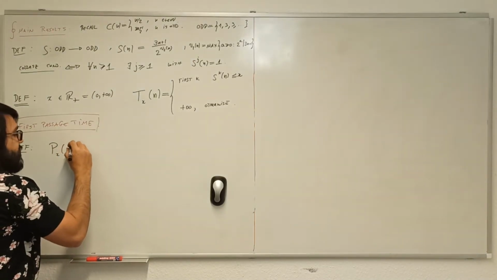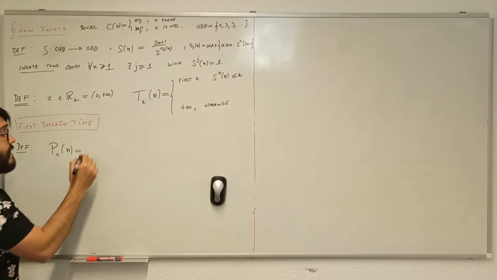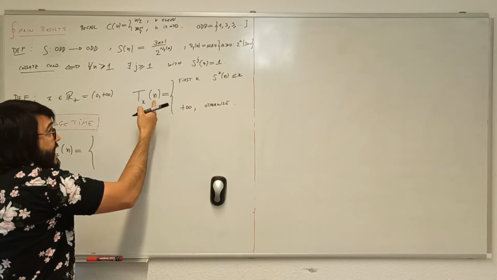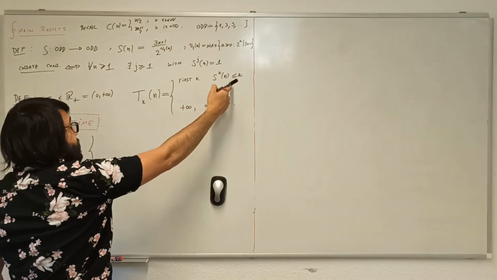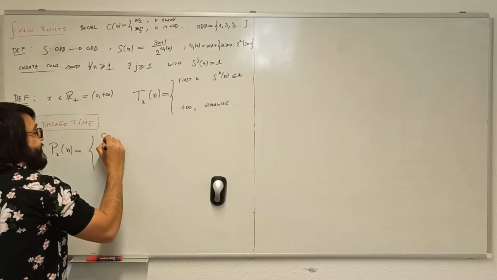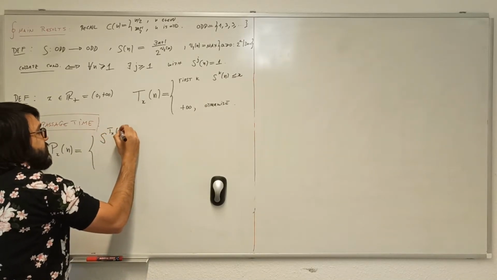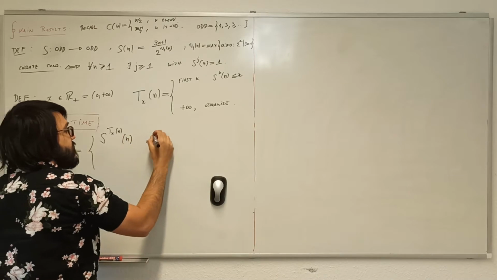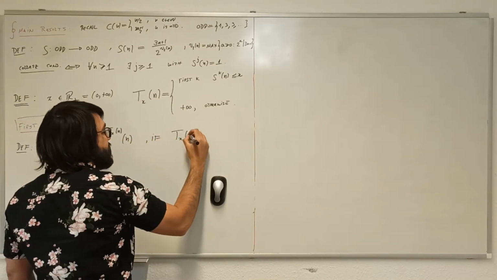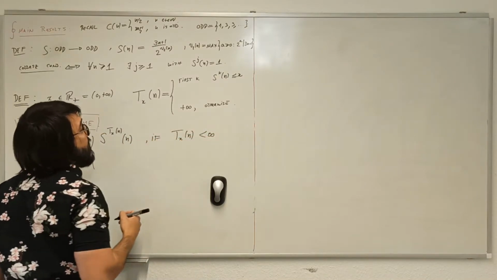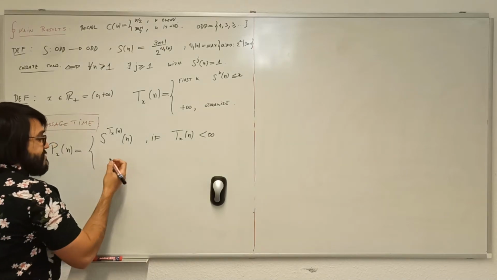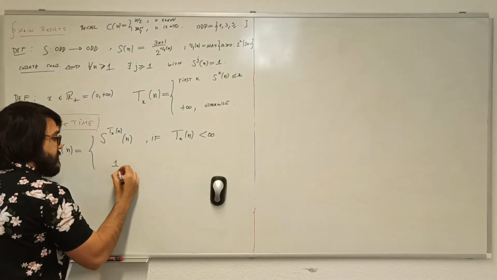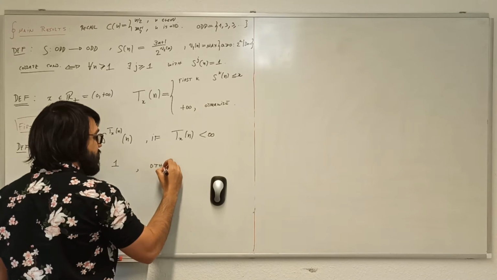So Pass_x(n) will be the first guy that gets below x, so it will be s^(T_x(n))(n), if T_x(n) is finite. If it's not finite, then I will just put 1, otherwise.